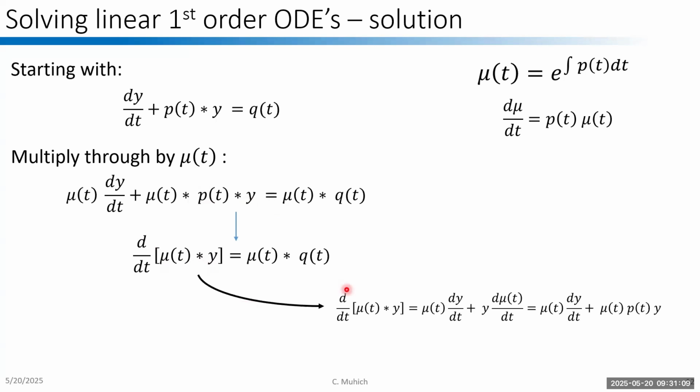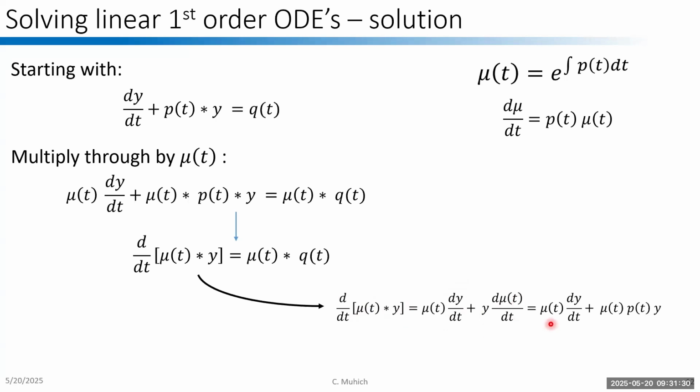This is because the derivative of mu of t times y, by the product rule, is mu of t times the derivative of y, so mu of t dy dt, plus y times the derivative of mu, so y times d mu dt.